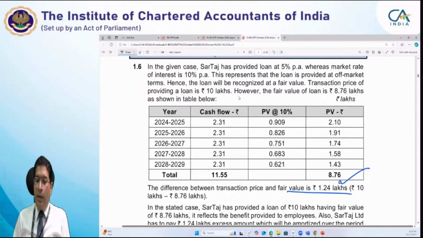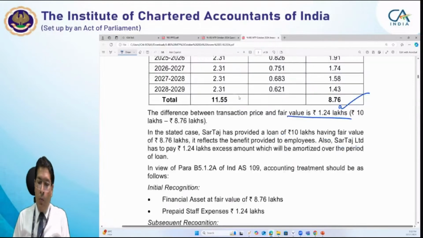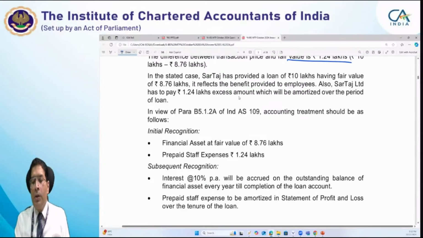Because Ind AS 109 says you have to show the loan at fair value. In subsequent recognition, interest at the rate of 10% will be accrued on the outstanding balance of the financial asset every year till completion of the loan account, and prepaid expenses are to be amortized in the statement of profit and loss over the tenure of the loan.